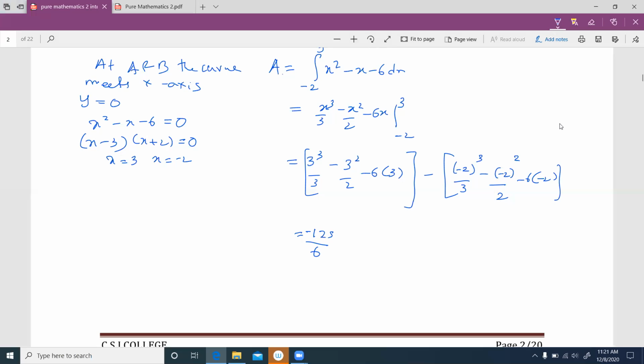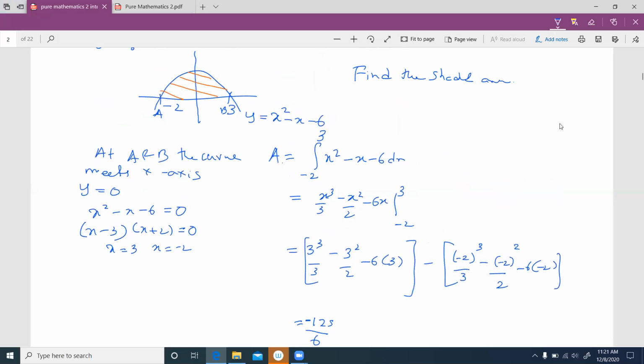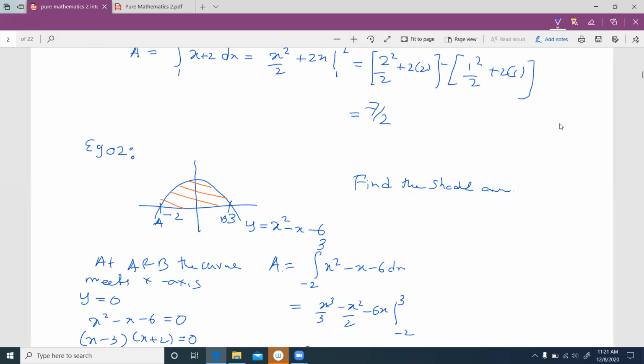Here you get a minus answer. I think I made a mistake when drawing this graph. Is this graph correct, which I already drew? No, there's a problem with this.